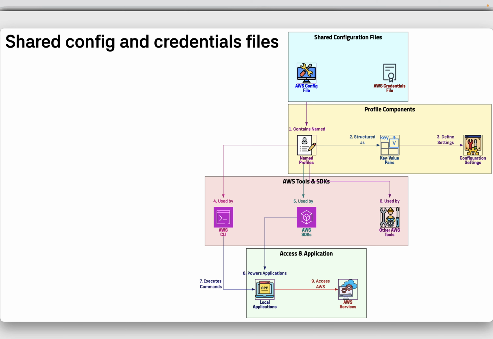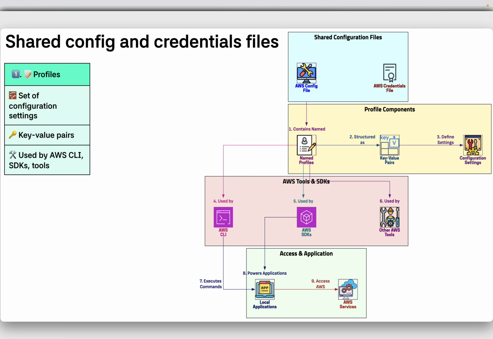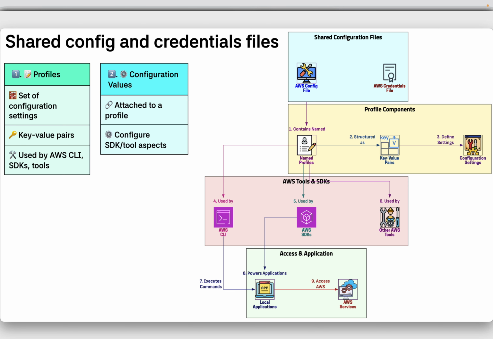So shared config and credentials file. When you work with AWS CLI or SDKs, there are two main files. One is the config file, the name is exactly config, and there's a credentials file. And we have something called profiles. Profiles in the shared AWS config and credentials files are a set of configuration settings in key value pairs. These profiles are used by the AWS command line interface, AWS SDKs, and all the tools.